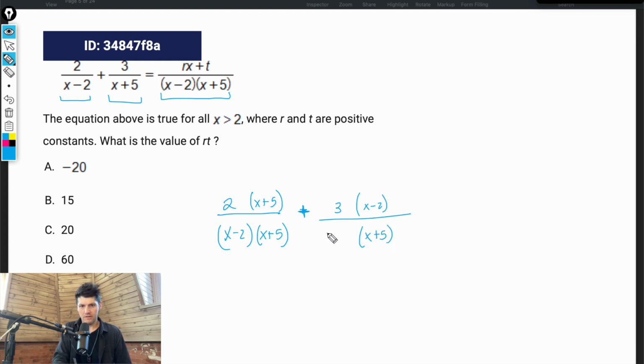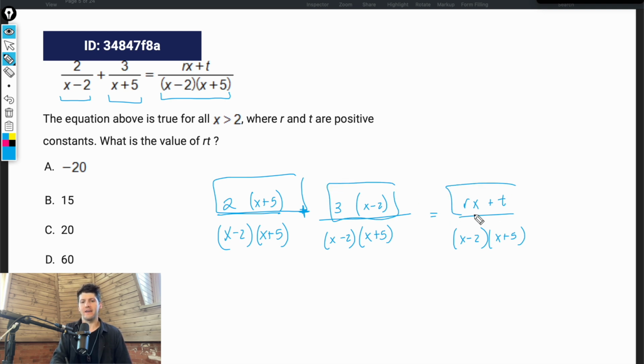That way you can see the same exact denominator. And then you can see that we no longer care about the denominator because it's the same on both sides. So knowing your rules of adding fractions, if we have the common denominator, we can just say the numerator of the first plus the second equals the numerator on the right side.